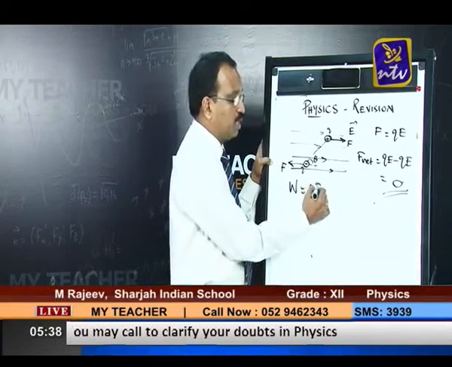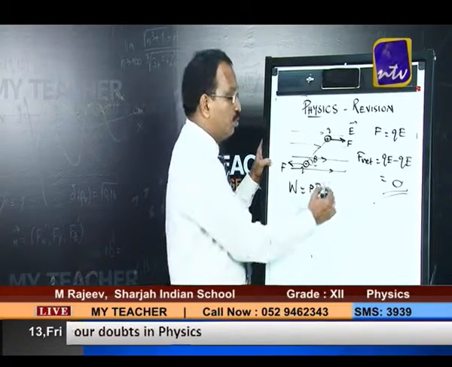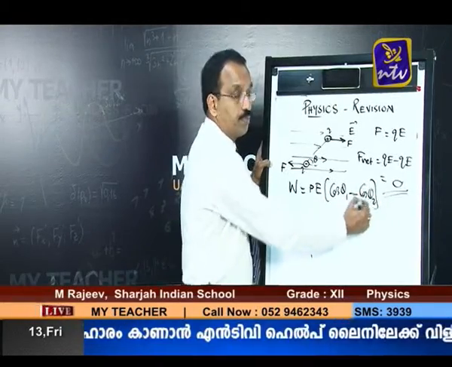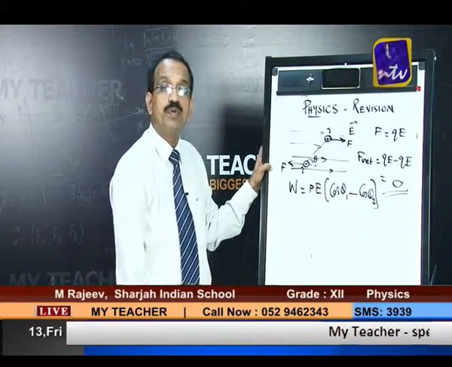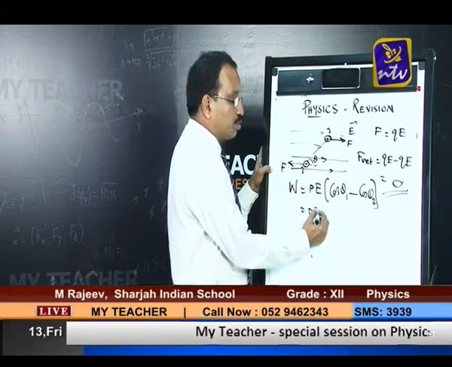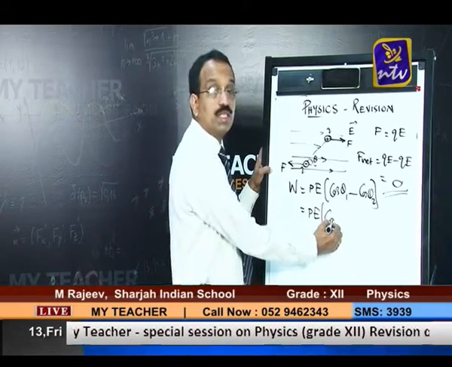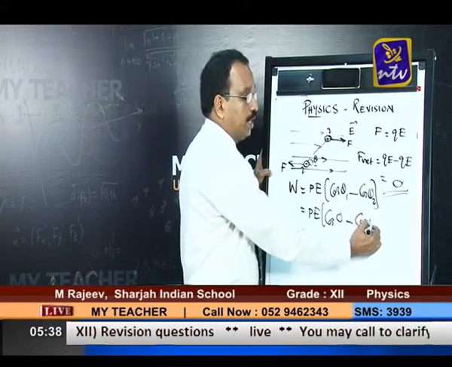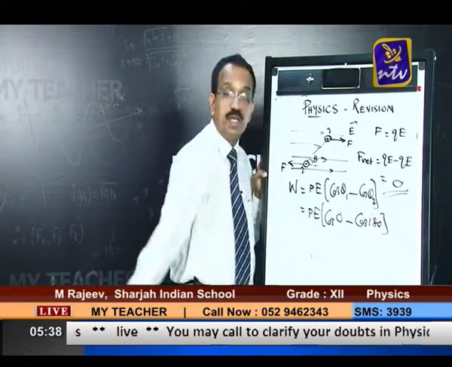We know the equation for the work done is pE into (cos theta 1 minus cos theta 2). This is the expression for work done, right? That is pE into (cos 0, since initially it was aligned along the direction of the field, minus cos 180, since it is rotated through an angle of 180 degrees).